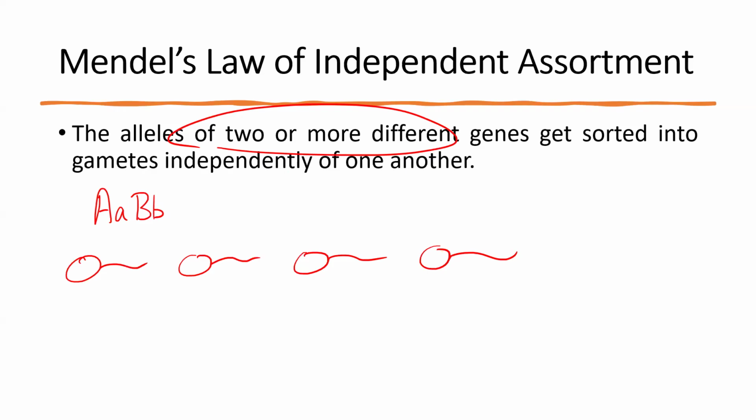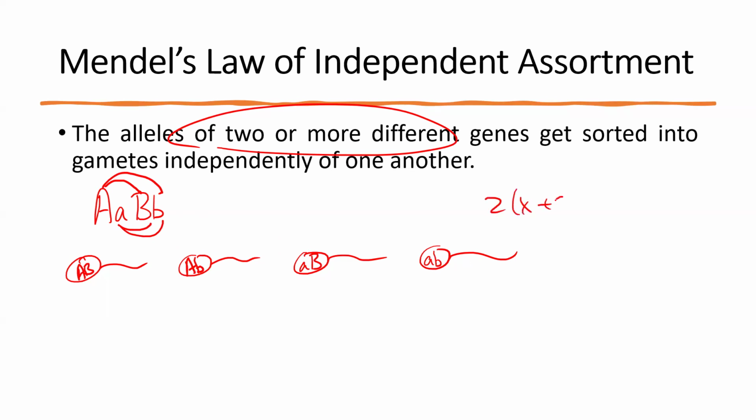Well, the first one can be big A, big B. Or it could be big A and small b, and then small a, big B. Do you understand? 4 different combinations.